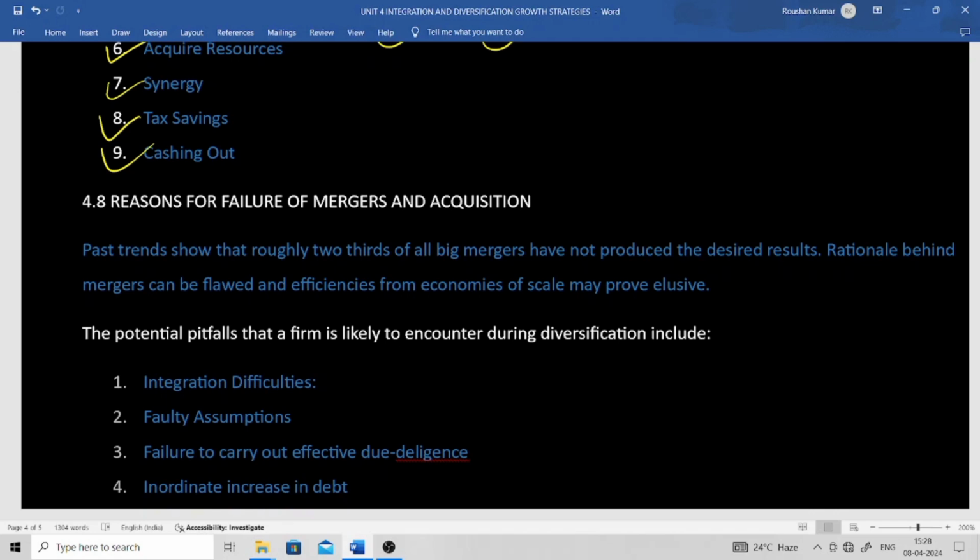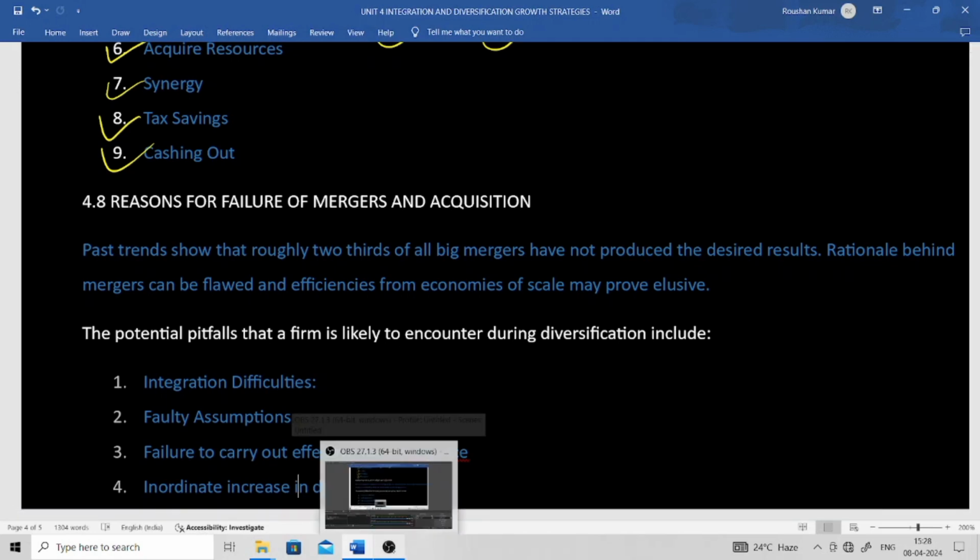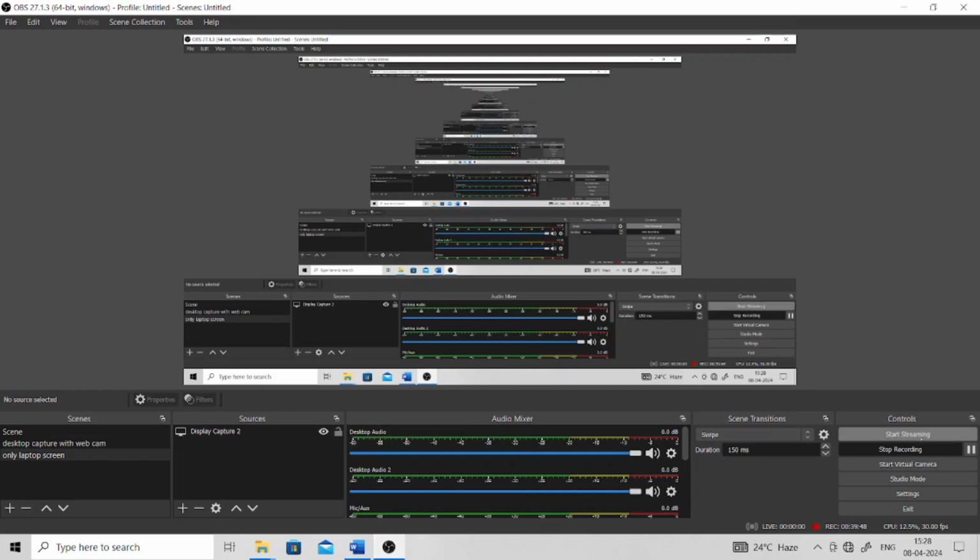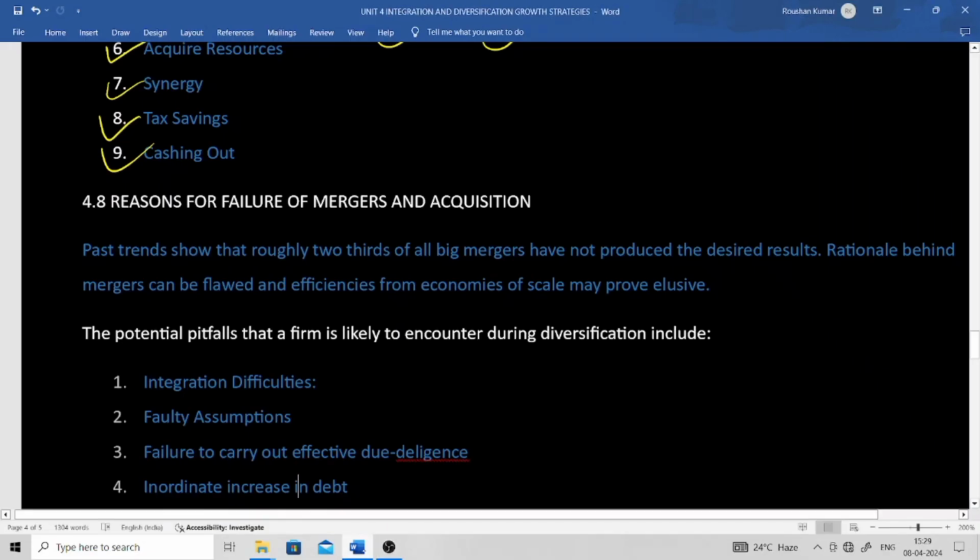So I think for this session, till now it is okay, or should we move on to the next one? Okay, let's complete it. So the reasons for the failure of mergers and acquisitions. What are the different reasons for this?